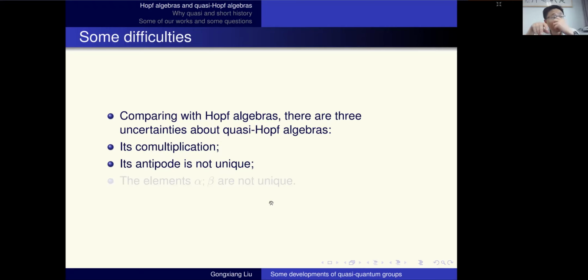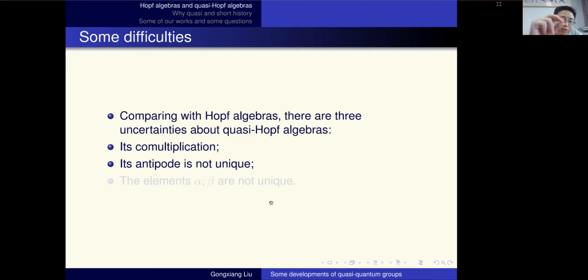Maybe Drinfeld sometimes told us that when he gave the definition of quasi-Hopf algebra, he maybe did not consider it very carefully. He gave the definition, but maybe he didn't think the definition was very satisfactory. But at the moment, we accept his definition, and we face many difficulties.